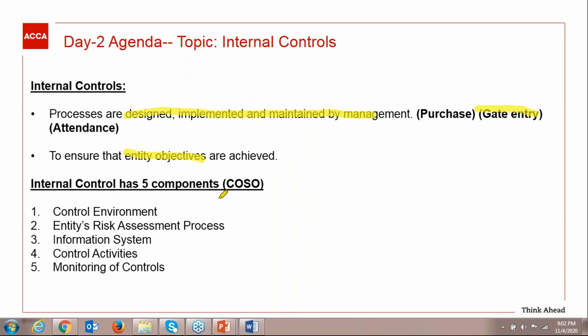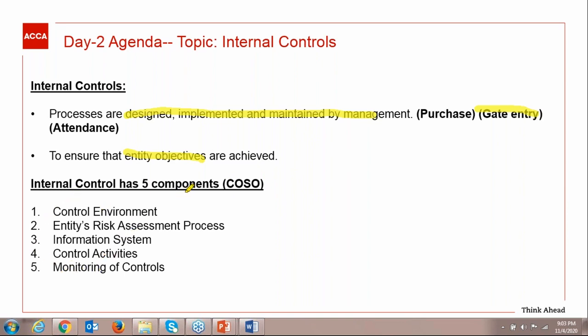On paper, these five components can be given a different name, that is COSO, so you don't need to be confused in the exams. COSO is just the name of the framework, and it includes five internal control components.